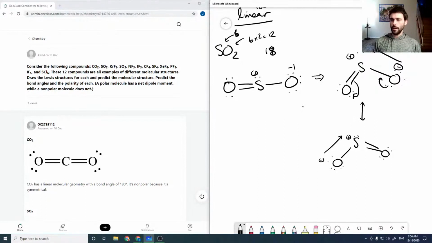And if you recall, a resonance structure doesn't mean that it bounces back and forth between the two, but it's actually a superposition or an average of the two structures, meaning that the real structure is something more like this.